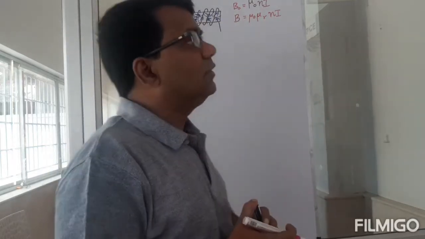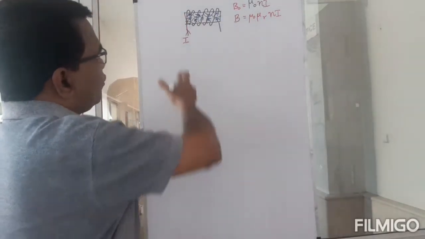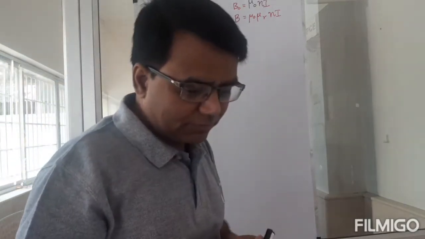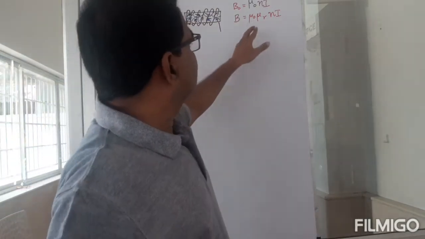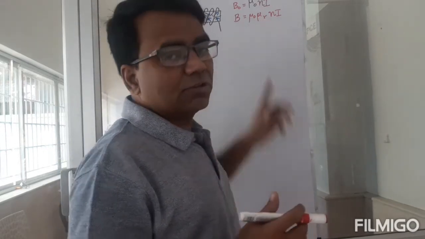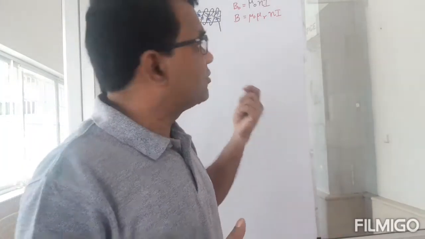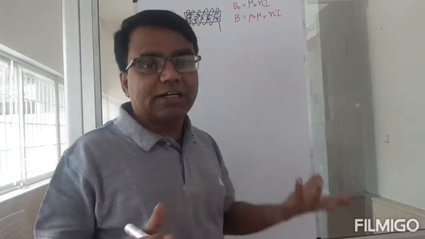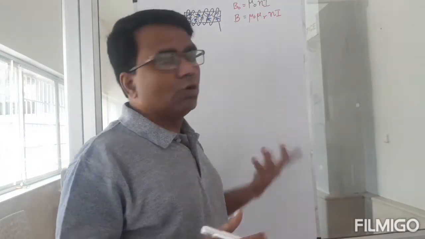Anyway, let's see what are the things that you can control here. I can't control mu naught, that's a fixed number. I can't control mu r, that depends on the material. The relative permeability depends on the material. For iron you will have one value, for cobalt another value, for nickel yet another value.